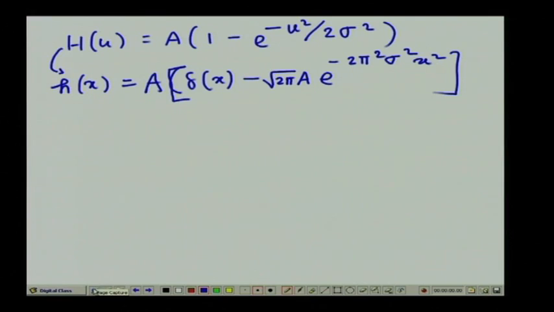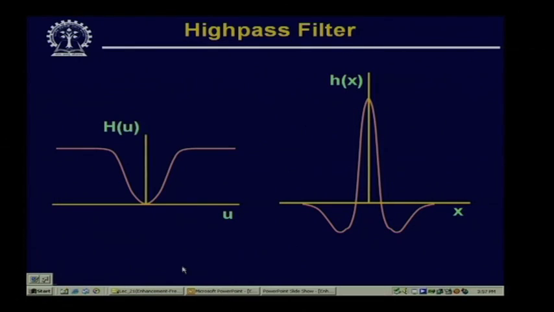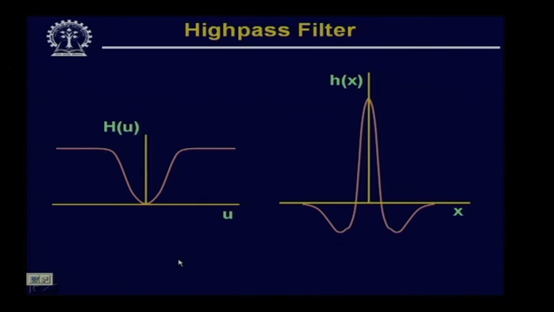So, if I plot this in the frequency domain, this shows the high pass filter in the frequency domain. As it is quite obvious from this plot, it will attenuate the low frequency components, whereas it will pass the high frequency components, and the corresponding filter in the spatial domain has this form, given by h x as a function of x.